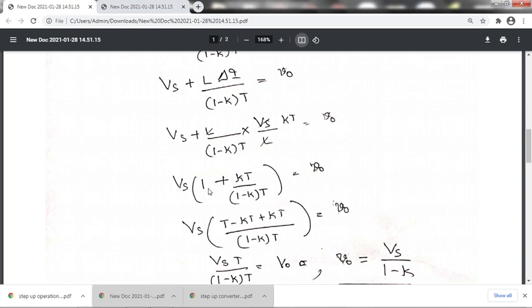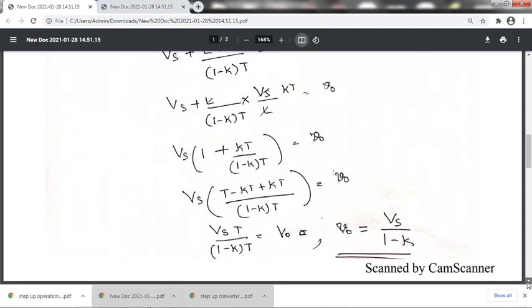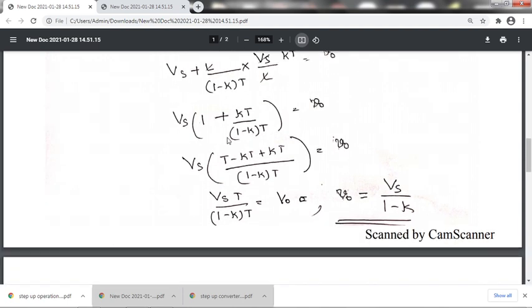Anyhow, you can simplify it. Vs into T(1 minus kT), T cancelled, V0 is equal to Vs by 1 minus k. So if you simplify, V0 becomes Vs by (1 minus k).